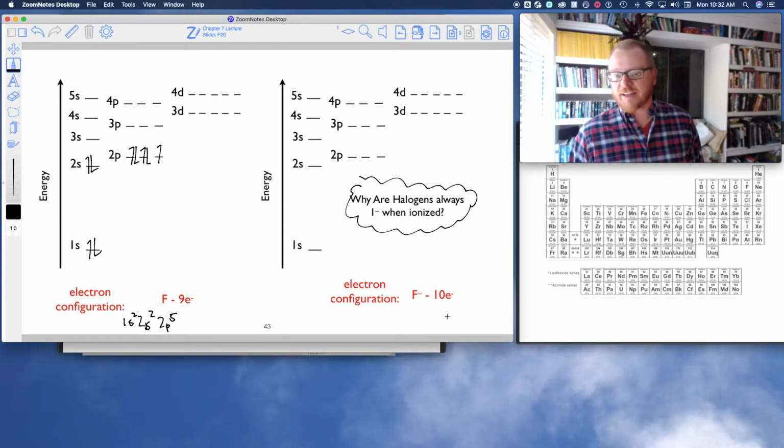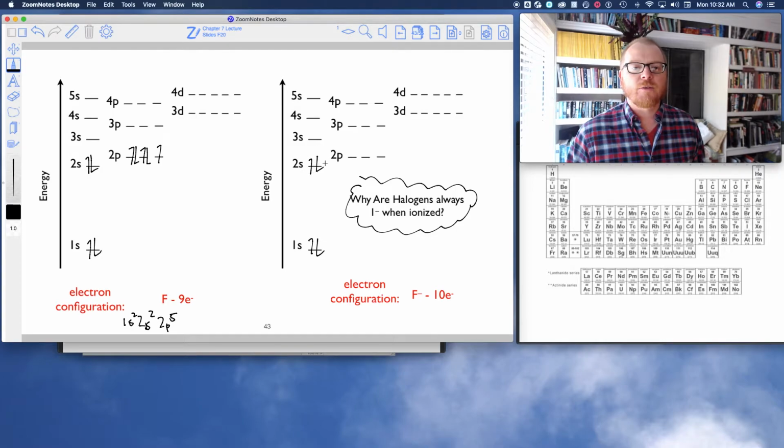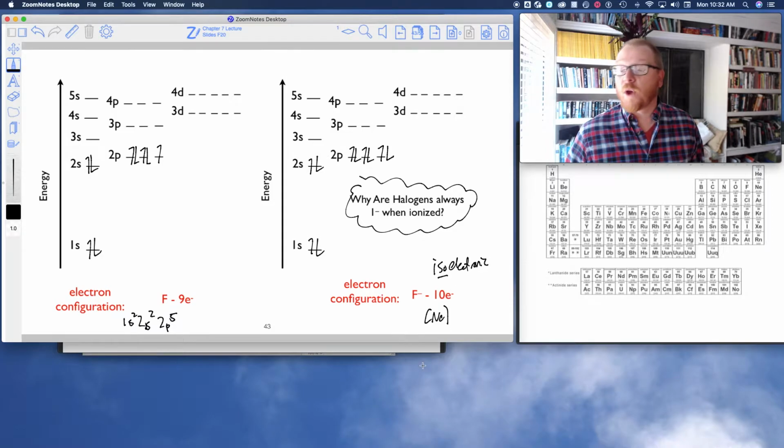So now why are halogens always -1 when ionized? Well, look, now we've got 10 electrons, and maybe you can guess where this is going, right? There's fluoride, F minus, and there's 1, 2, 3, 4, 5, 6, 7, 8, 9, 10. So also fluoride is isoelectronic with neon.